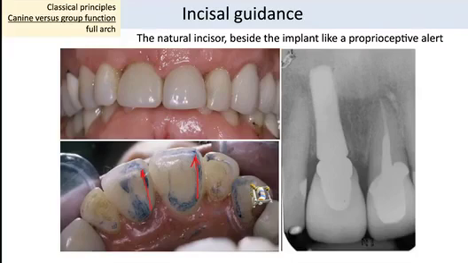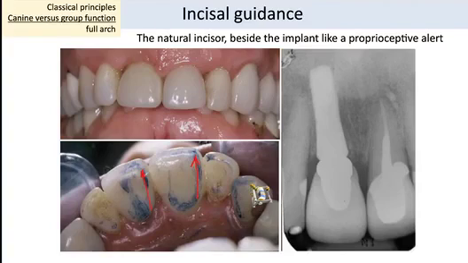So when you do this, you have a double positive effect. The natural teeth beside the implant are like a proprioceptive alert, very sensitive teeth, the anterior teeth. And the implant is a mechanical support for the natural teeth, because implants are very resistant, a big quality of resistance when you have a good stimulation of bone.